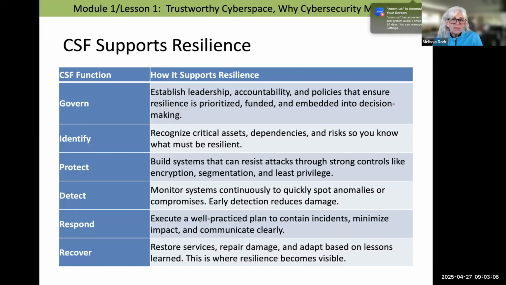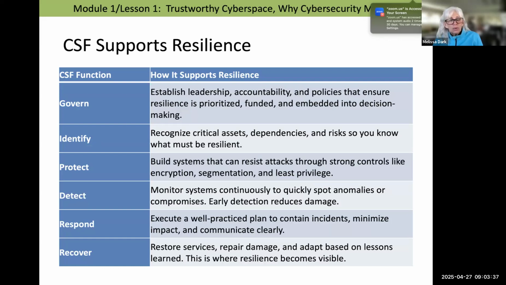And govern sometimes means making policies within your organization, but it sometimes also means having relationships outside of your organization. Because if you have had an attack, it might well be that you have to communicate with somebody in law enforcement. It might well be that you have to communicate with partners, stakeholders, suppliers, vendors within your supply chain.